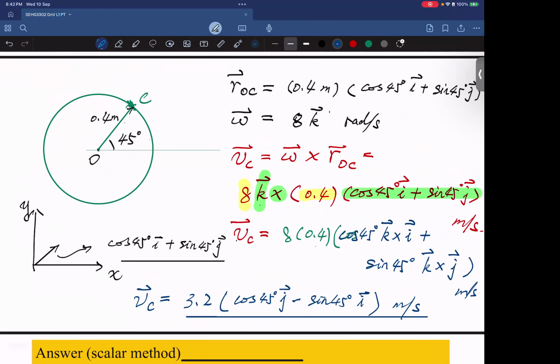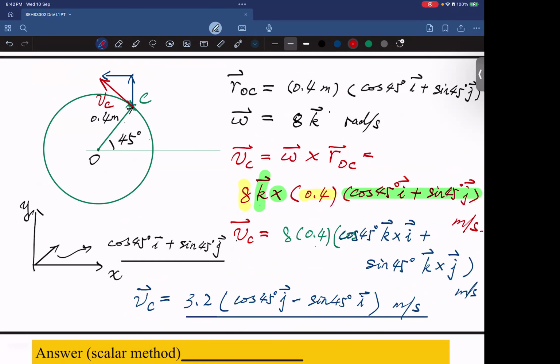Cosine 45 J points upward, sine 45 I but negative, so it points to the left. Cosine 45 and sine 45 are the same, therefore both of them have the same length. So finally we got the velocity of C in this way, right? So this is the direction of VC.